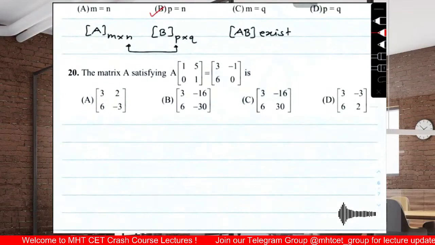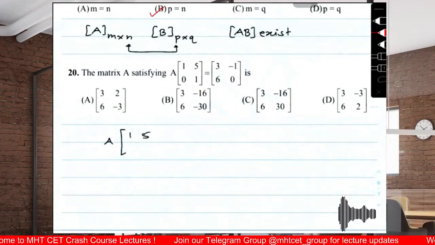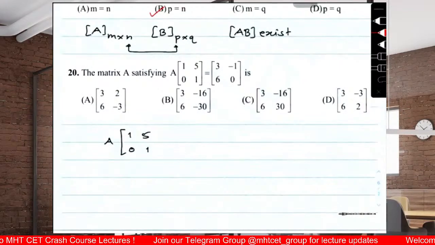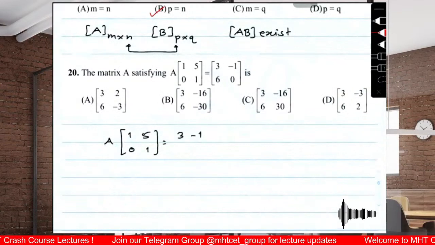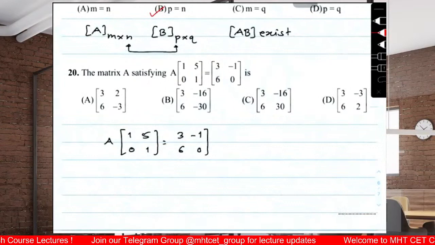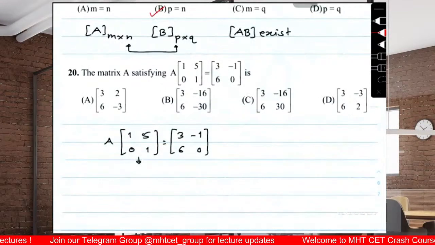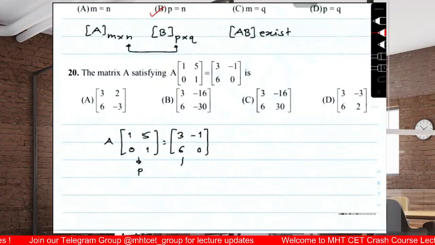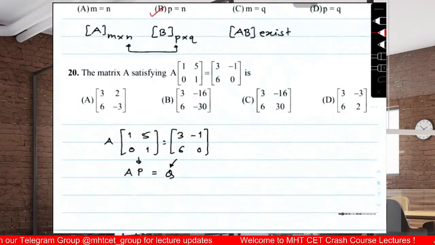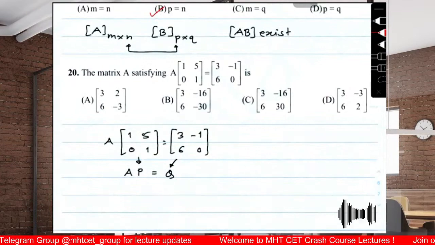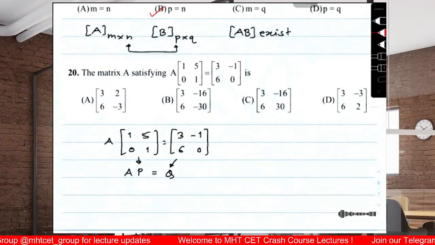Okay, so given equation is A into 1501 is equal to 3 minus 1 6 0. ठीक है, इसको मैं P बोलता हूँ और इसको Q बोलता हूँ. Okay, so the given equation is A. Option से चेक करो मल्टीप्लाई करके तो भी चलेगा. ठीक है, I am using another method.